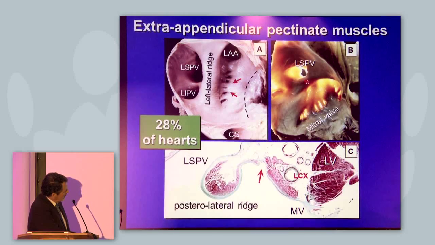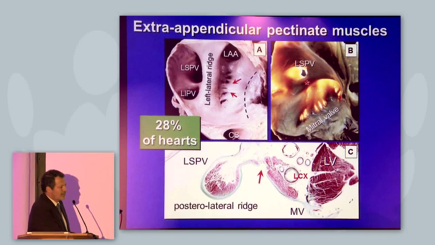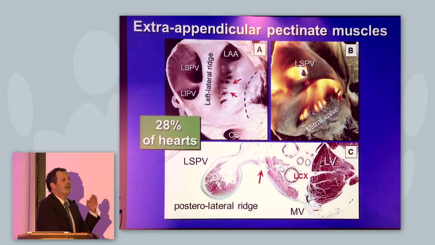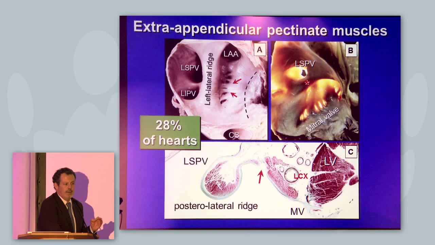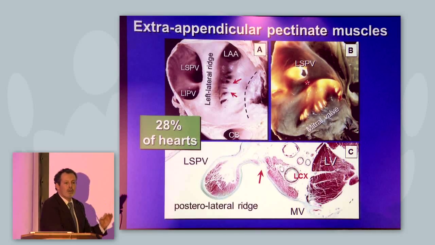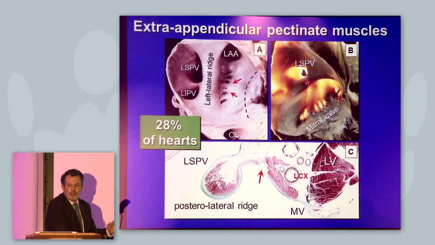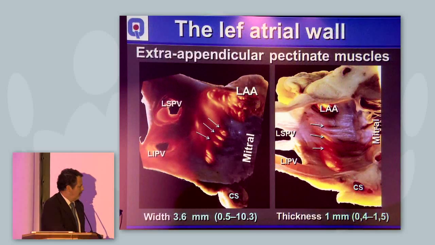Look here. This is muscle, absent of muscle. Therefore, this is important because it marks that the thickness is not uniform in myocardial tissue in this area. There is a non-uniform myocardial content in the vestibule, in the entrance of the left atrial appendage.